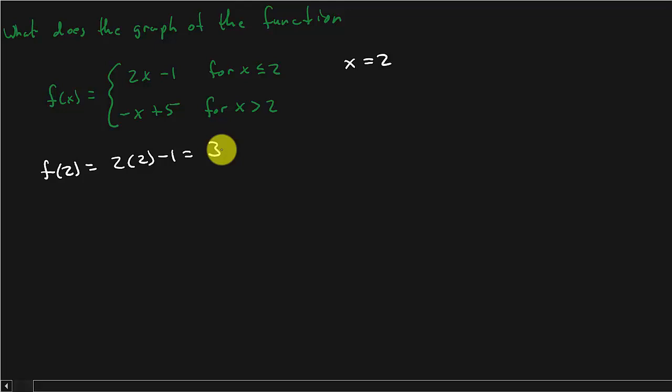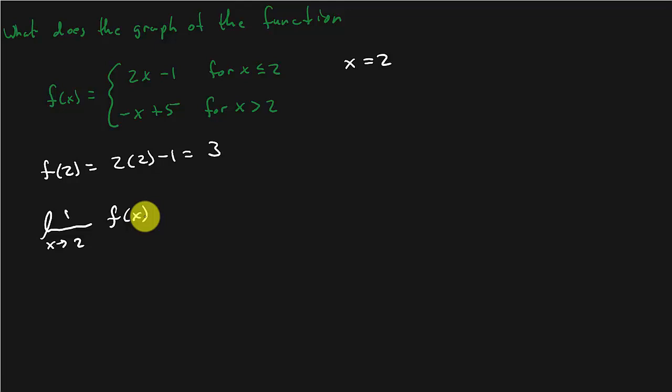All right. Now, the limit has to exist. So I need the limit as x approaches 2 of f of x, of this function here. Now remember, it's not where x equals 2, it's as x approaches 2. So what am I going to need to do here? I'm going to need to do the limit from the left, and I'm going to need to do the limit from the right to get this limit here.